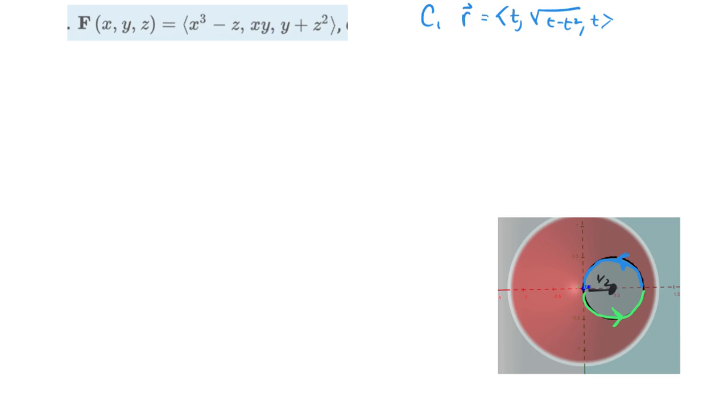This is the parameterization for this curve, except this time we have x going from 1 to 0, so t would go from 1 to 0, and we don't usually write it that way, just because it implies that 1 is less than 0.